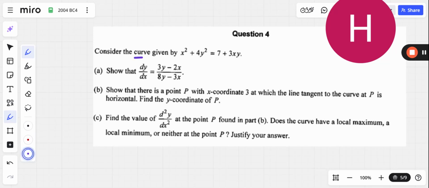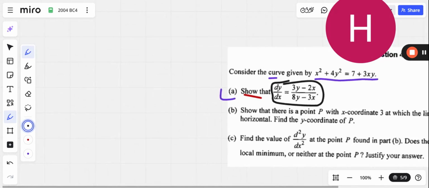So we're given a curve, not a function, but a curve defined by this equation. And we first want to show that dy/dx, the derivative of y with respect to x, is this expression here. So we just have to do some implicit differentiation, right? So we're going to have 2x plus 8y dy/dx.